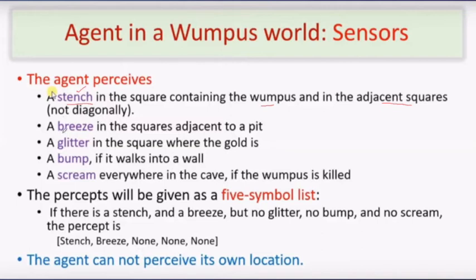Then there is breeze, which is sensed in the square adjacent to a pit. So if there is a pit, definitely there is a breeze. After that, there is glitter, in the square where the gold is.